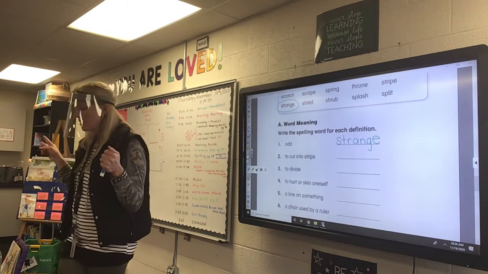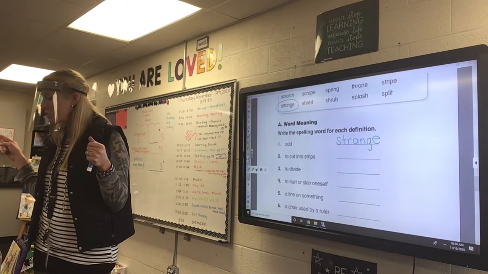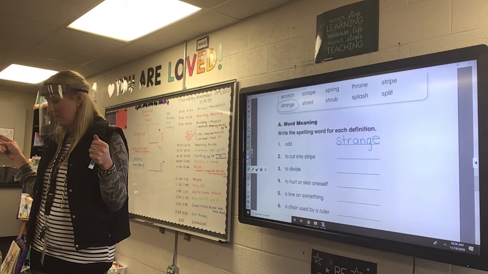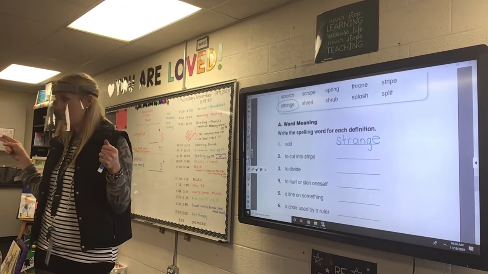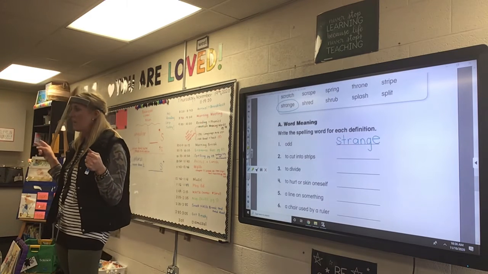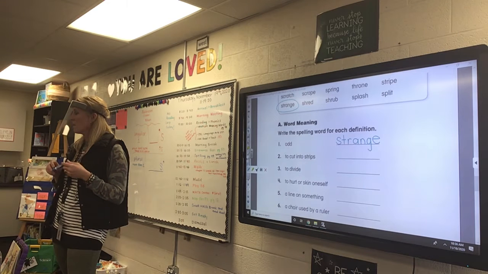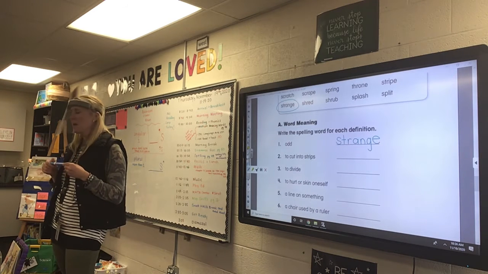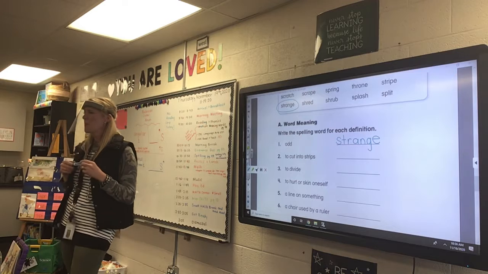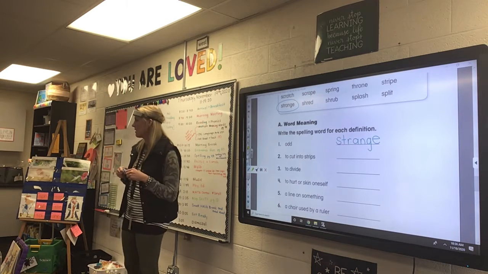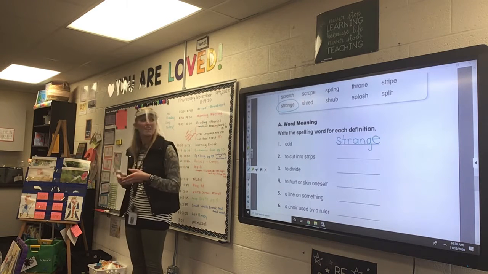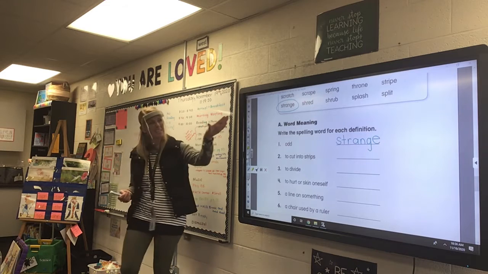Number 2, to cut into strips. I'm going to cut my paper into many strips. Carson, what am I doing if I cut my paper into many strips? You're cutting. Yeah, but that's not a spelling word. Think.